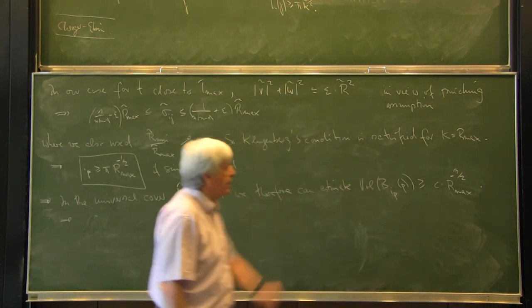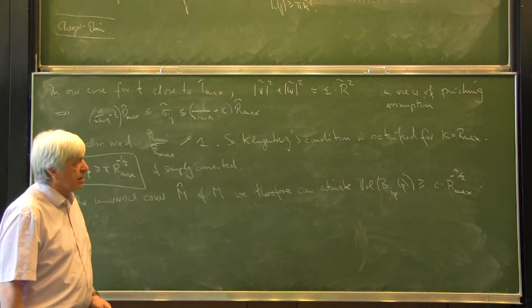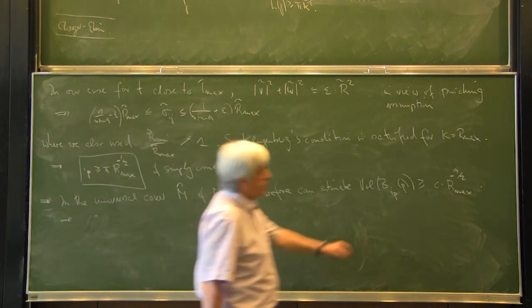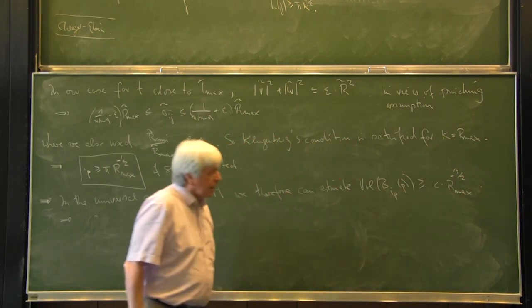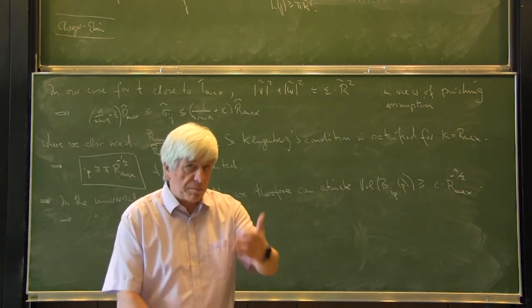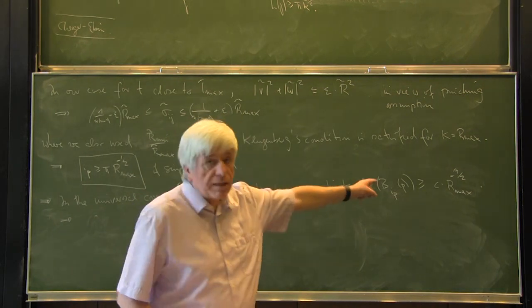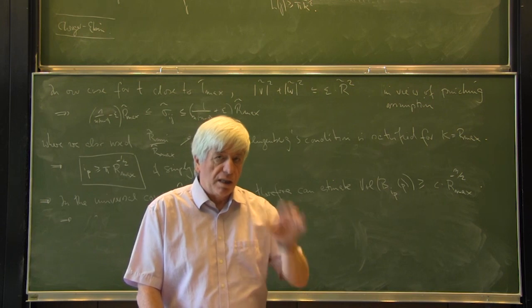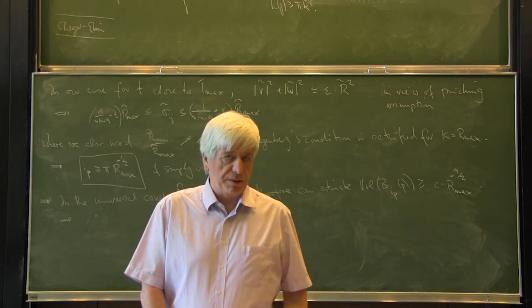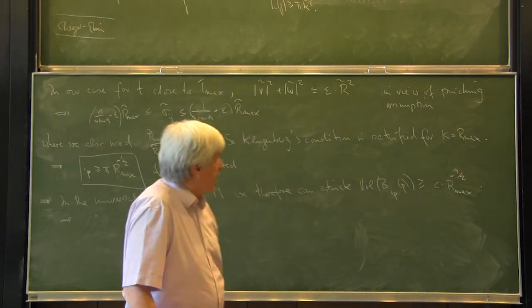So we have this lower bound on the volume, and now since the maximum of the curvature is comparable to the minimum of the curvature, this would give us the desired bound on the minimum of the scalar curvature if our manifold is simply connected. So if we're simply connected, we are done.